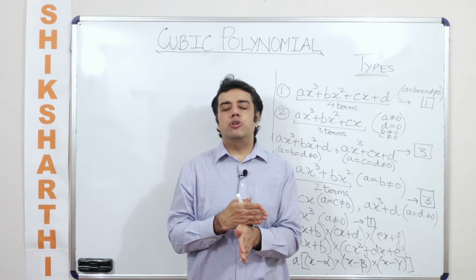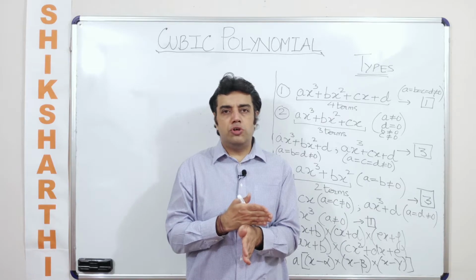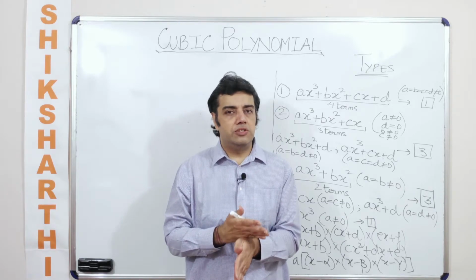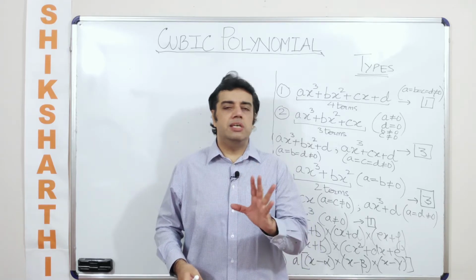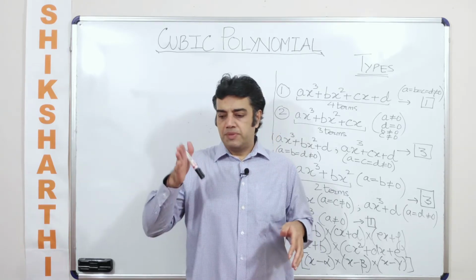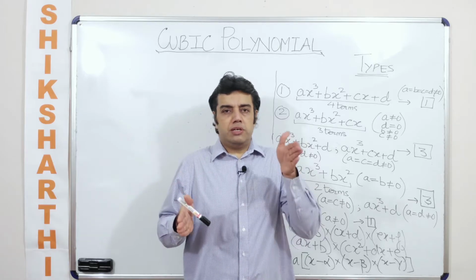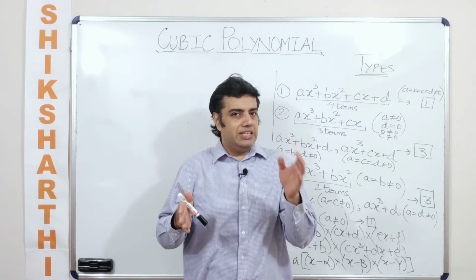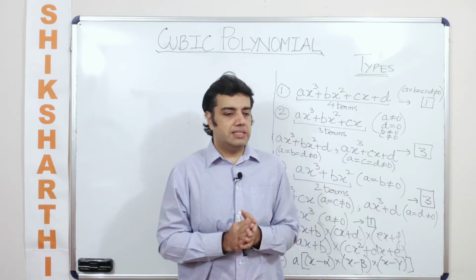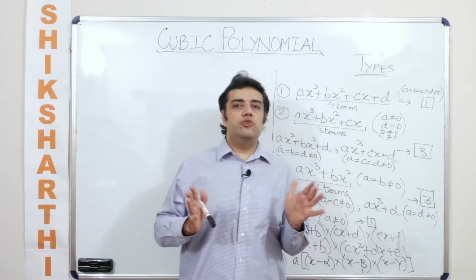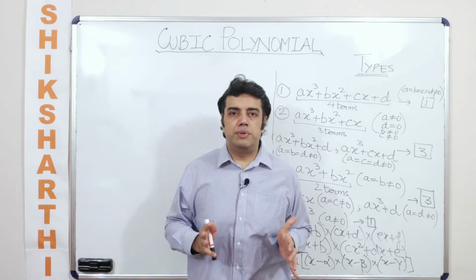Even this constant polynomial can be a non-zero constant or a constant like 0. So how many cases have we discussed? If you just rewind this video, you would see we have talked about 5 cases: cubic quadratic, cubic linear, cubic constant, and in constant we talked about 2 different cases. So this is how a cubic equation is formed.